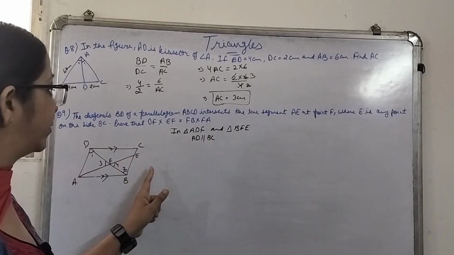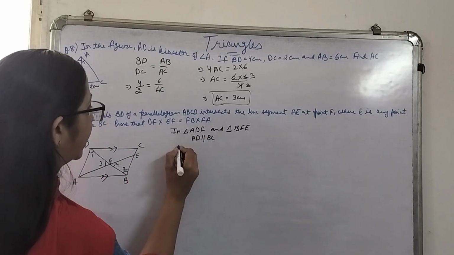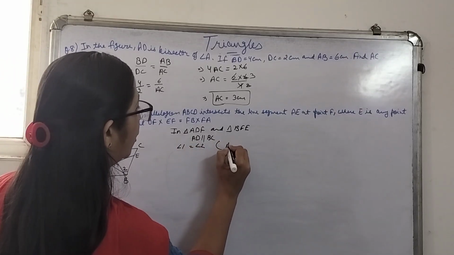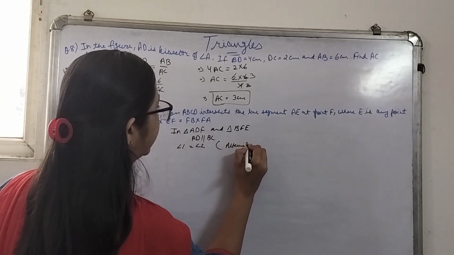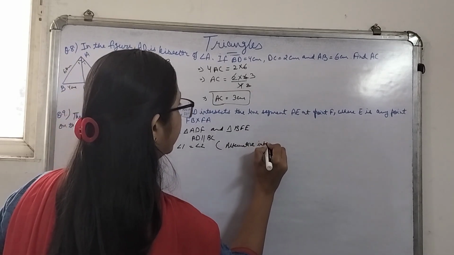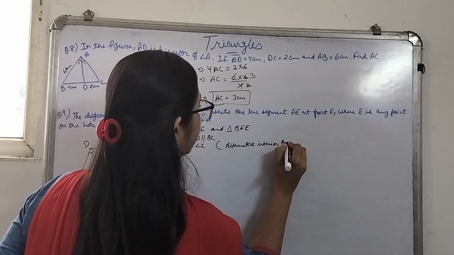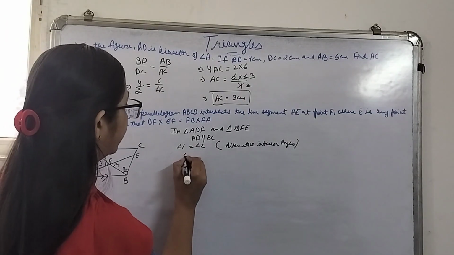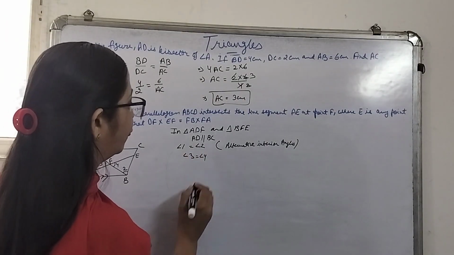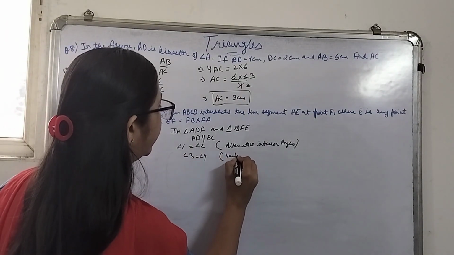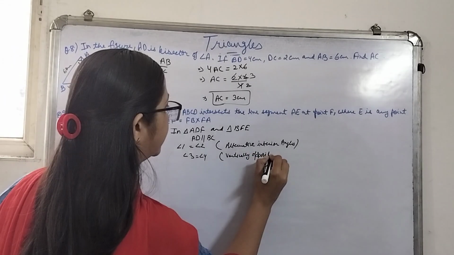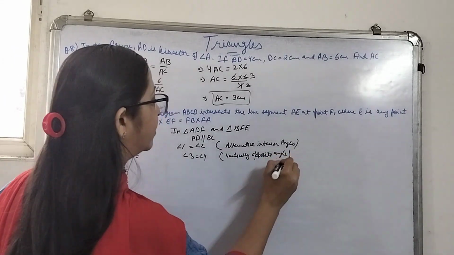That simply means angle 1 will be equal to angle 2 because they are alternate interior angles. That's the reason they will be equal. Angle 3 will be equal to angle 4 because they are vertically opposite angles. That's the reason they will be equal.